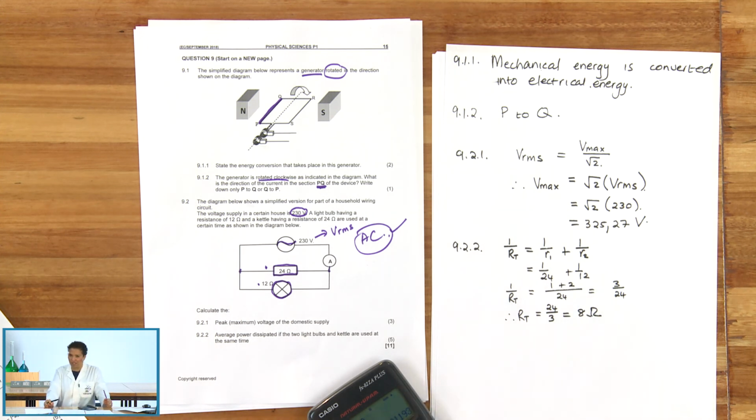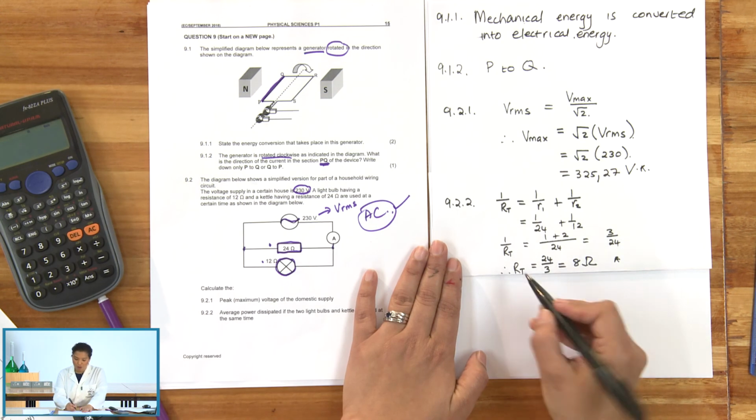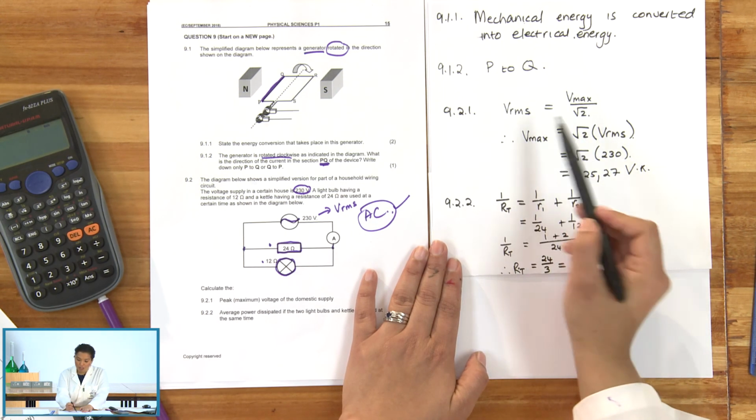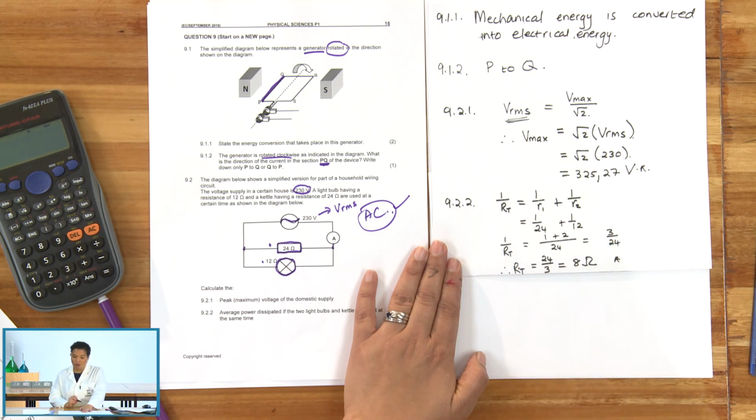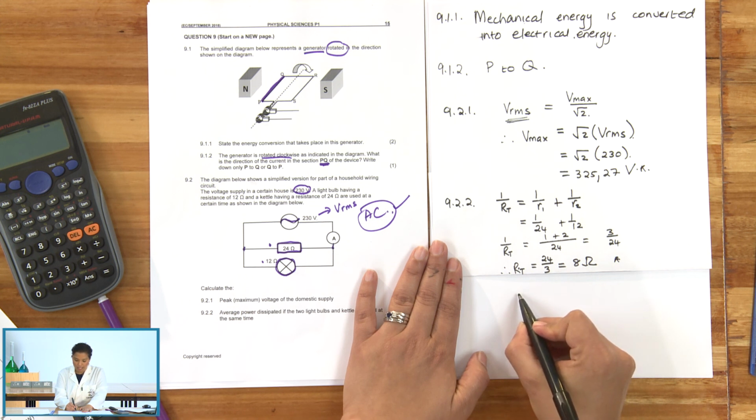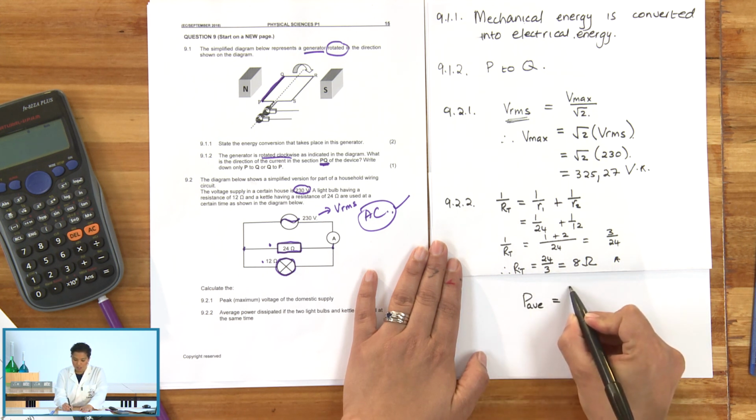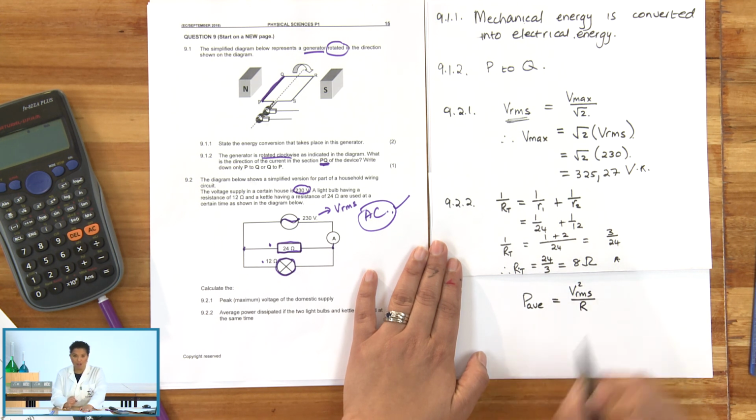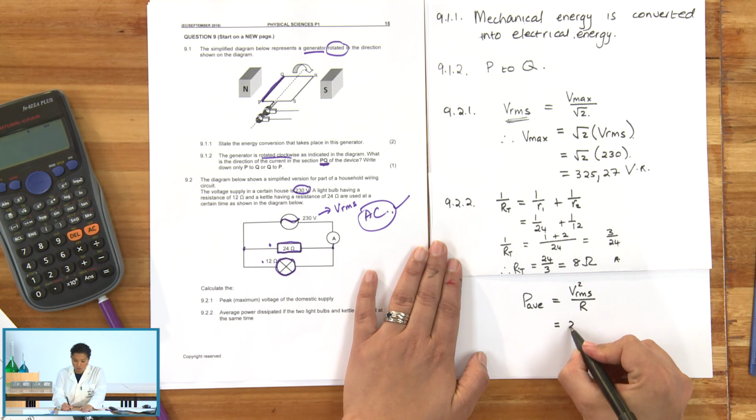Are we done? Absolutely not, because the question says calculate the average power. And we've got R and we've got VRMS from our diagram. And there's a power formula on our data sheet that relates these two as average power equals V squared RMS over R. My VRMS equals 230 volts.